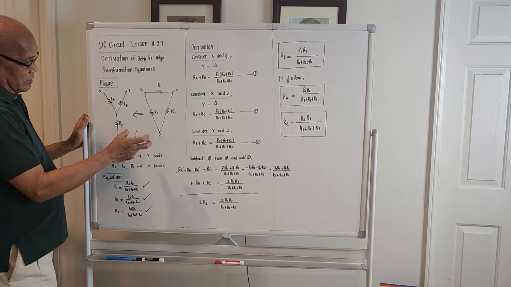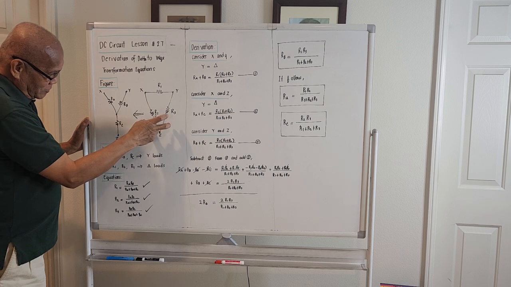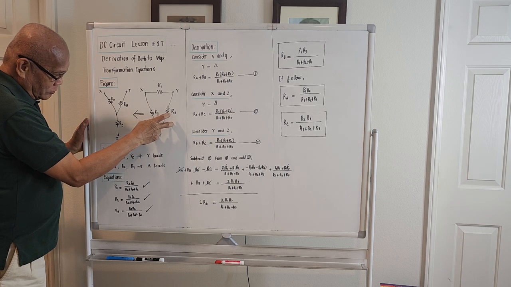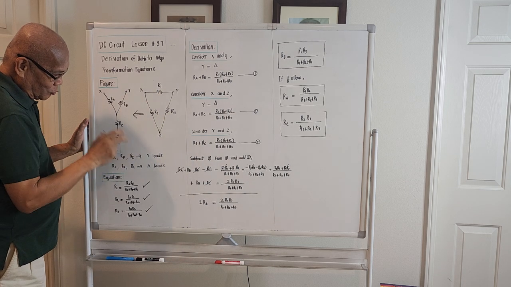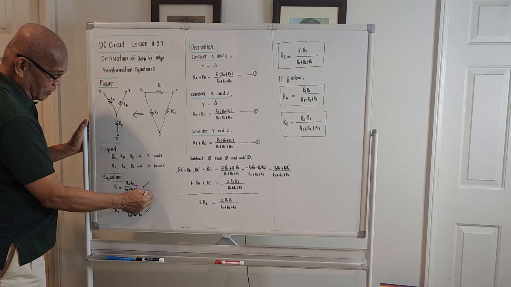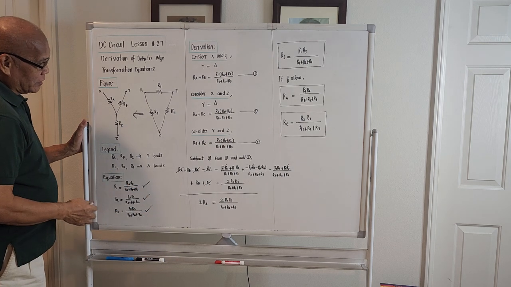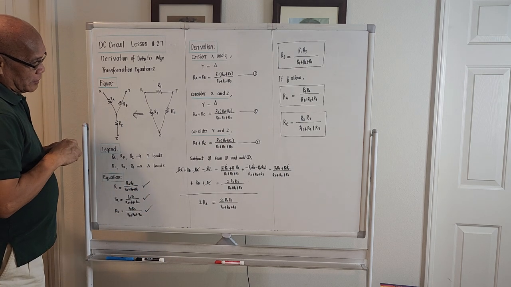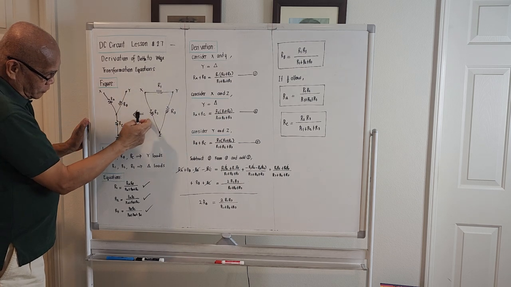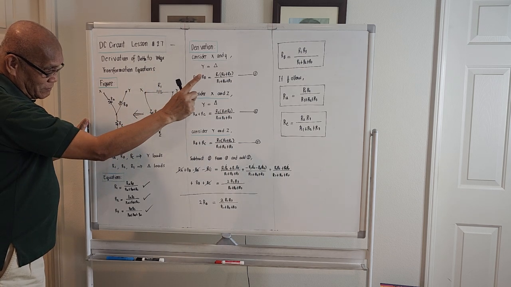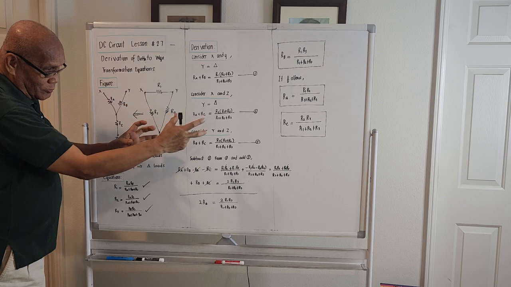Meaning to say, if we are given the delta connected loads, to compute the equivalent y loads, this will be the formula. So here, the resistances R1, R2, and R3 should be given. That's the given delta load.